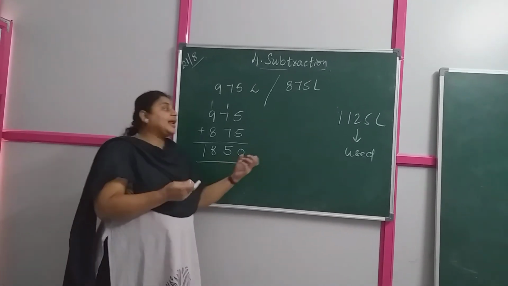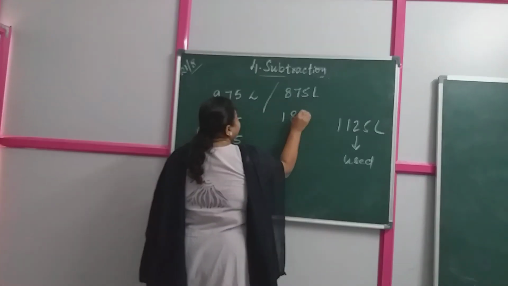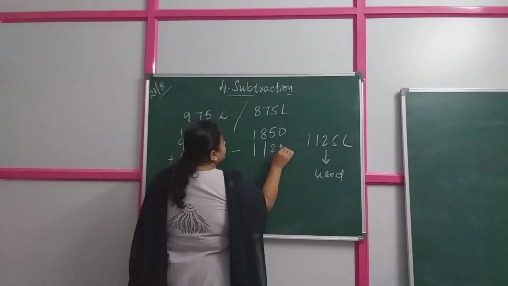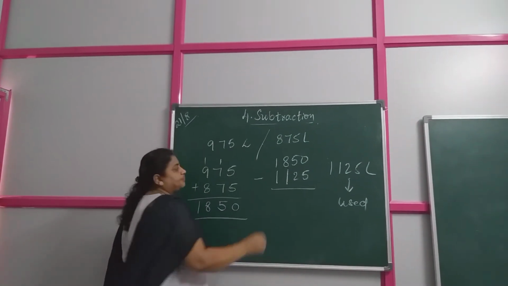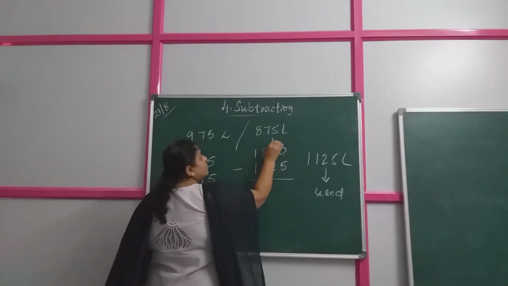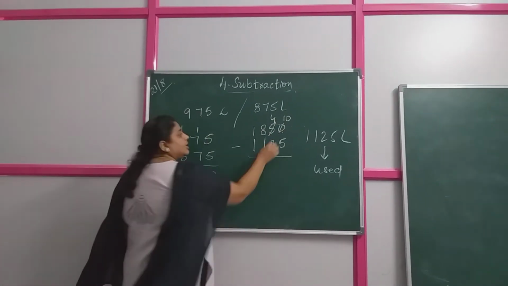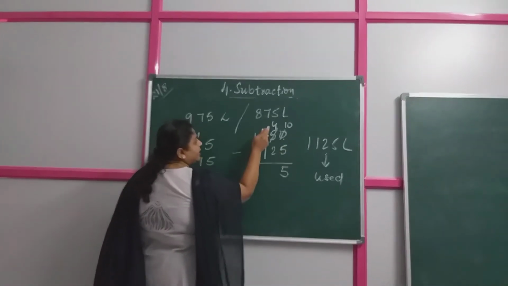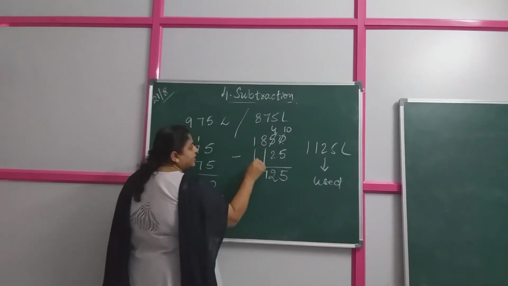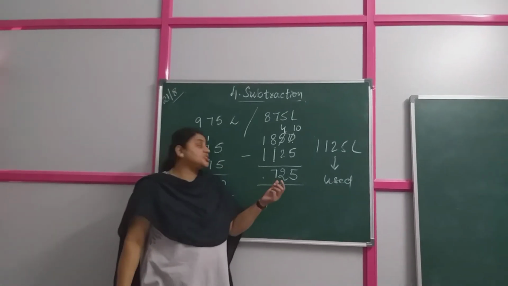That is 1850 minus 1125. From 0 I cannot take away 5. So I am taking a borrow. 5 changes to 4 and 0 changes to 10. 10 minus 5, 5. 4 minus 2, 2. 8 minus 1, 7. 1 minus 1, 0. So what is the quantity of paint left over, children?